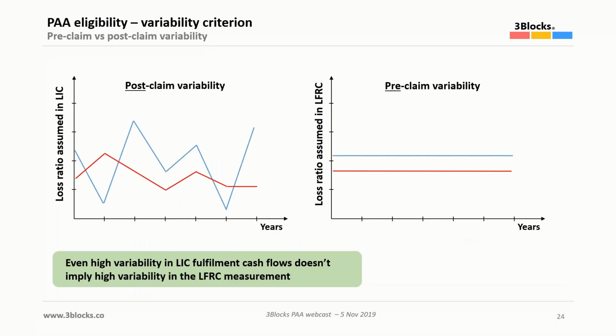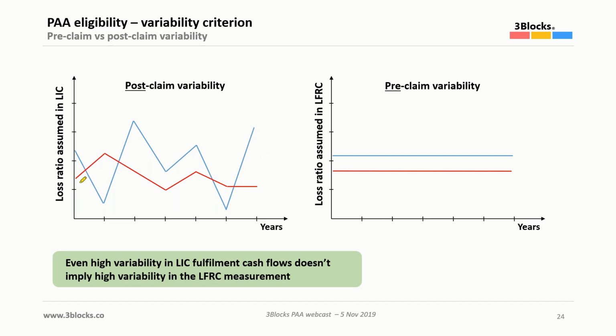So let's move to the next observation related to this criterion. Many people, including me at the beginning, fall into a trap of thinking that this criterion is about variability in claims.